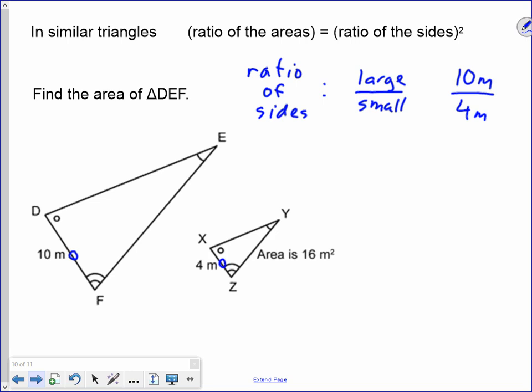Now, if we want the ratio of areas, again, we can set this up large over small.